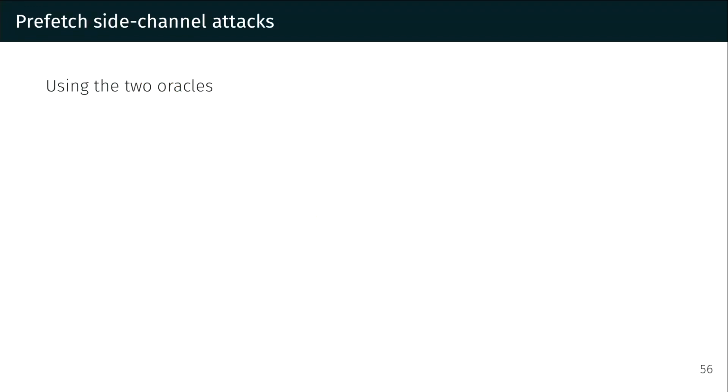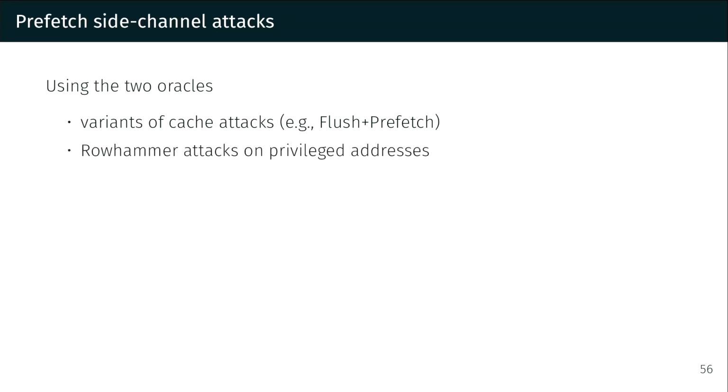And using those two properties and this information, we can do the following. On the one hand, we can build variants of cache attacks. So instead of flush and reload, we can do flush and prefetch, for instance. We can also use prefetch to mount rowhammer attacks on privileged addresses, because it doesn't do any faults when we pass those addresses, and it works as well.